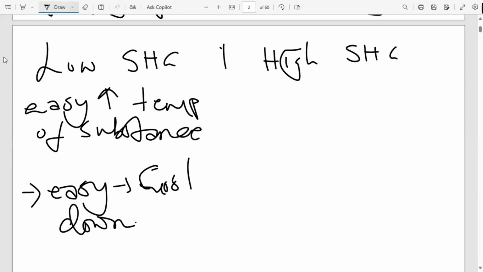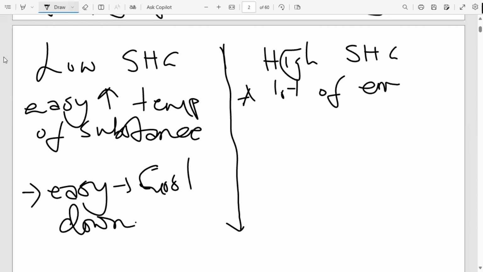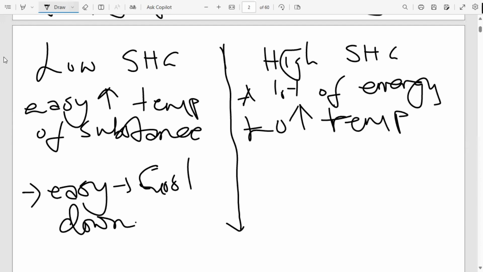Whilst if you have a substance that has high specific heat capacity, you're going to take a lot of thermal energy to raise the temperature of that substance, and you're also going to require a huge amount of energy to be lost in order for that substance to cool down, or the rate at which that substance cools down will also be very low.